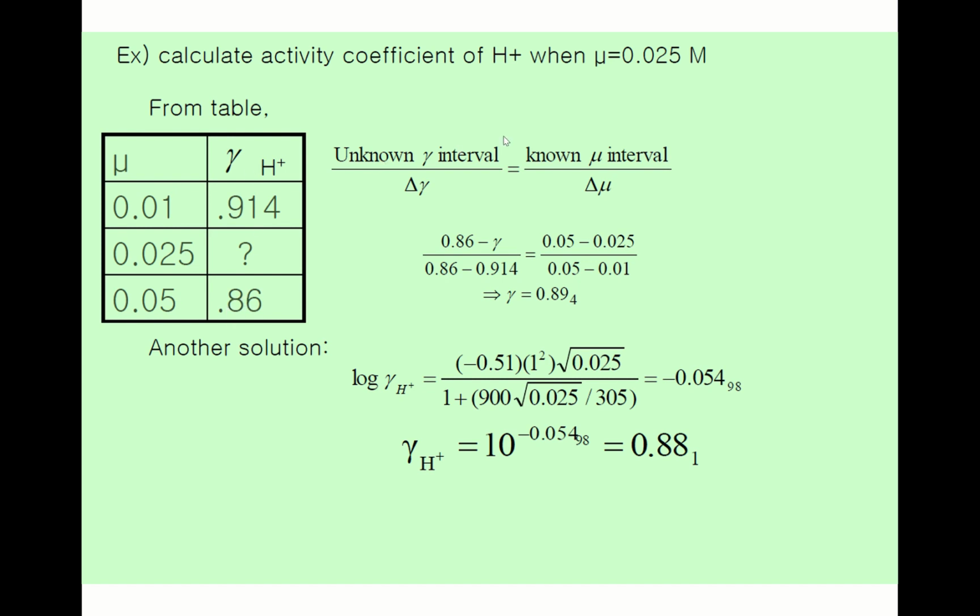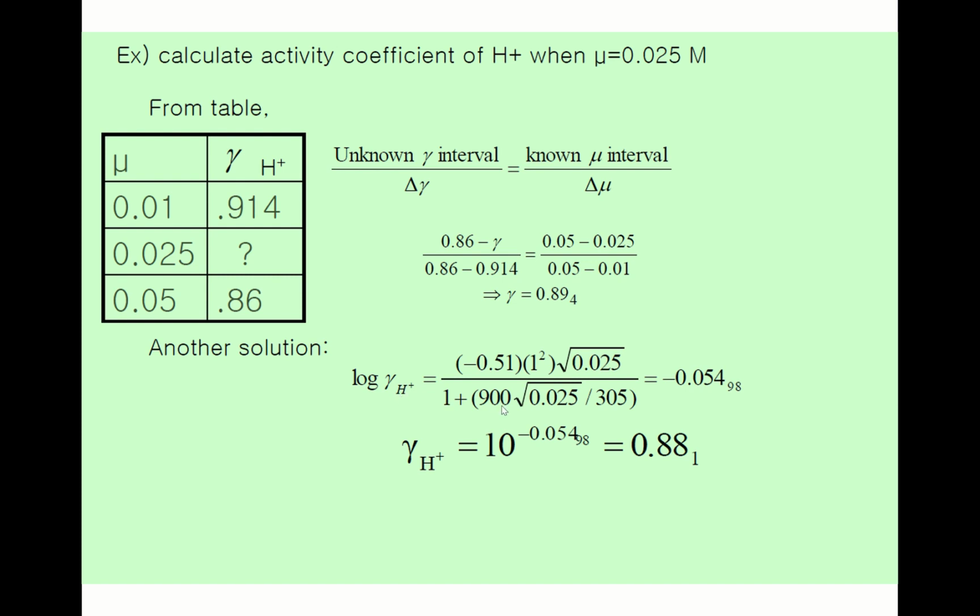Using this equation we can get gamma at 0.025, which is calculated to be 0.894. And then you can check the validity of this value using the theory. Using this Debye-Hückel theory, you can calculate the activity coefficient for proton.